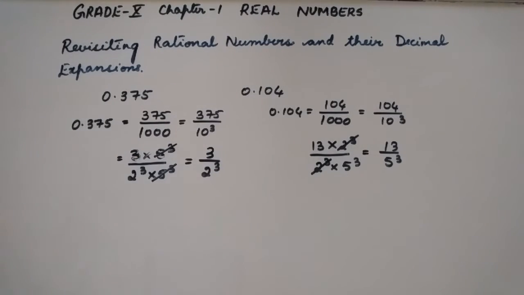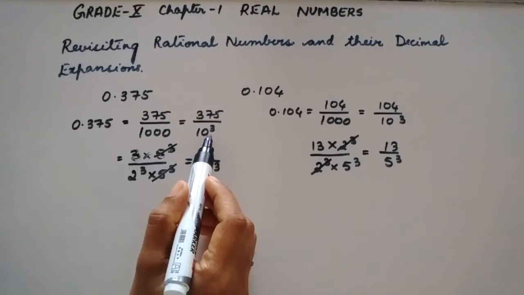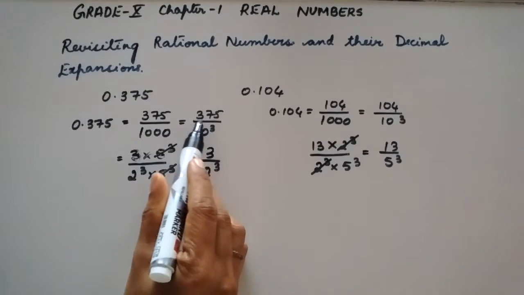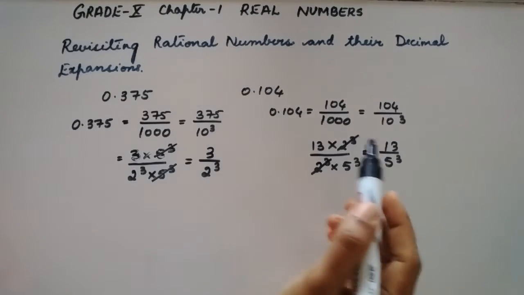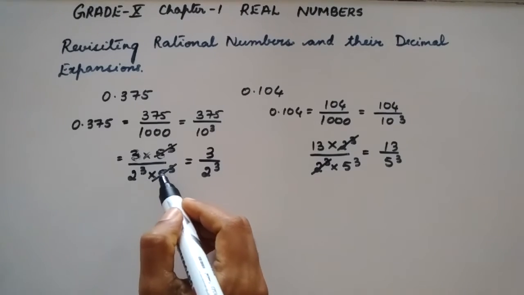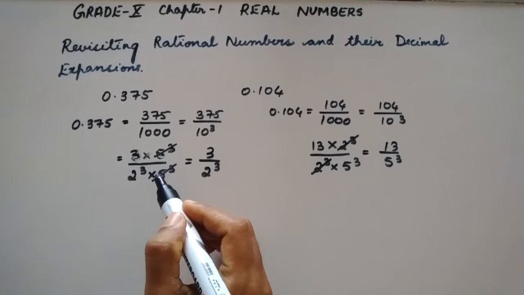And here the prime factorization of the denominator, that is q, has only powers of 2 or powers of 5, or both, that is powers of 2 and powers of 5. Is this clear, students?